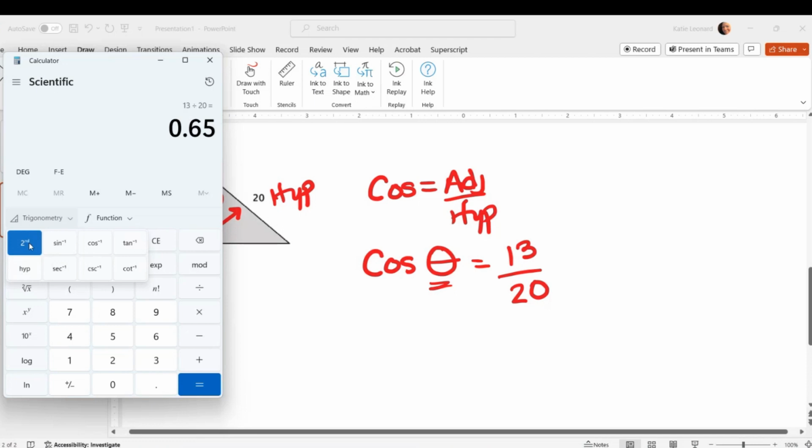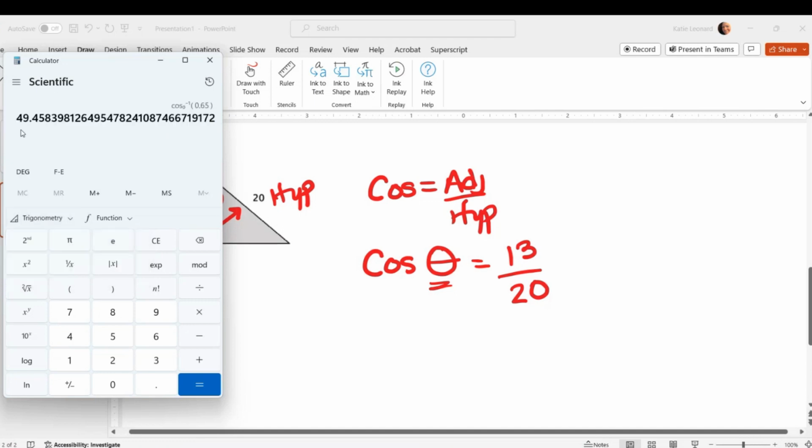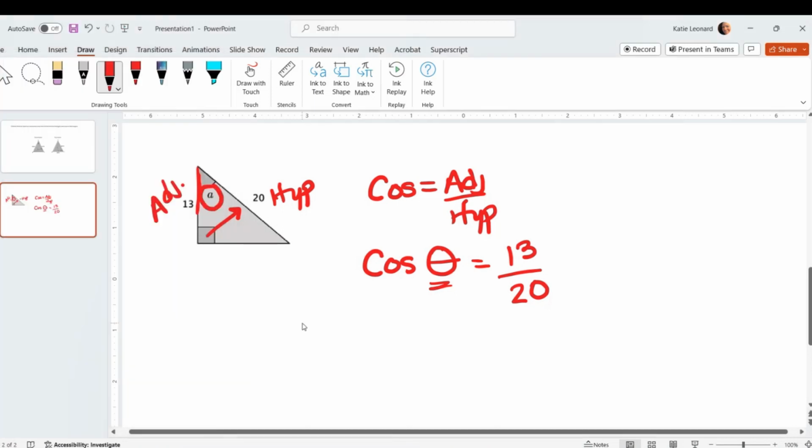So here we're looking for the angle, and we're just going to click right here where it says cosine with the -1 next to it. And that tells me that the angle here must be about 49.5 degrees. So our angle here is 49.5 degrees.